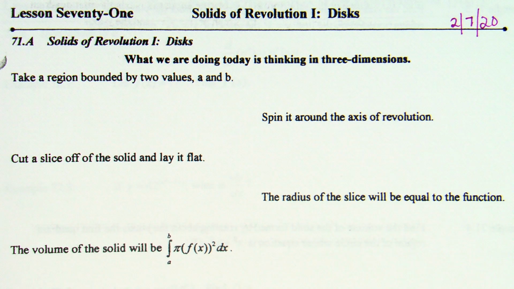We're either going to spin it around the y-axis or the x-axis and have a three-dimensional shape. And that three-dimensional shape is what we're going to be finding the volume of. So it's going to be our calculus way of finding volume.